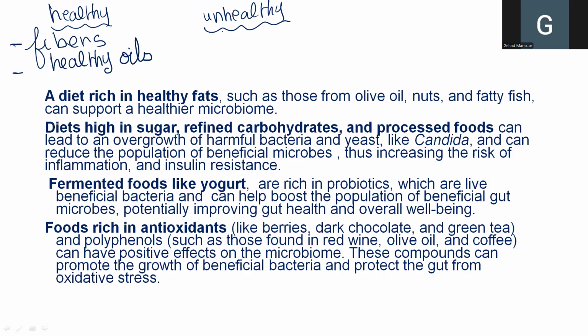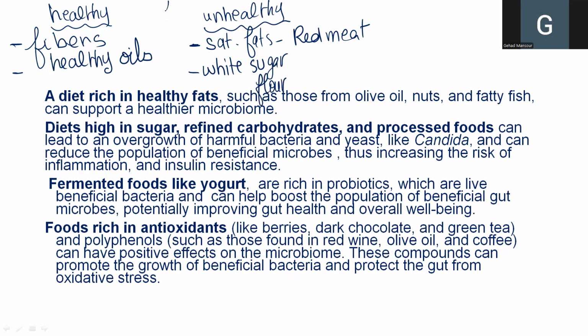And unhealthy food, we covered the diets that are rich in saturated fats, the diets that are rich in red meat, the diets that are rich in white sugar and in white flour. So this is the list of unhealthy foods up till now. But the list of healthy food is longer. So we have yogurt, for example, and we have all the colored or most of the colored food items.